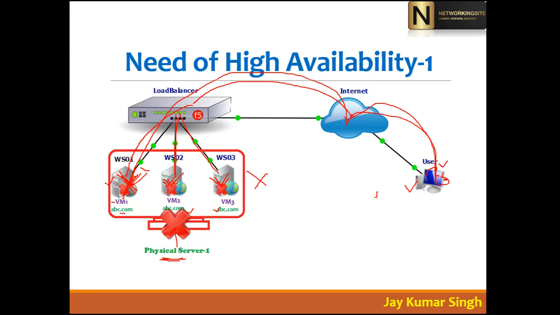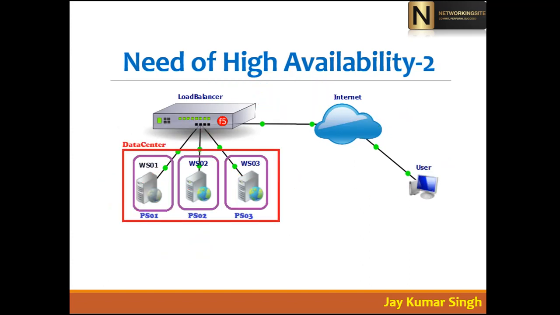When the user tries to access, everything is down, so users from the internet won't be able to access your servers. So you will say this solution has failed, and you will look for another solution.